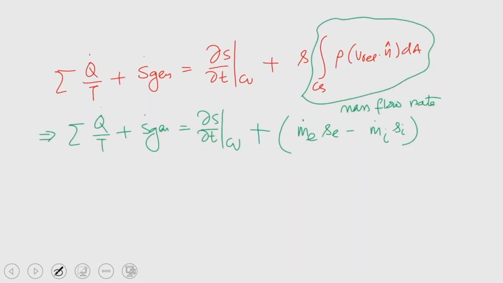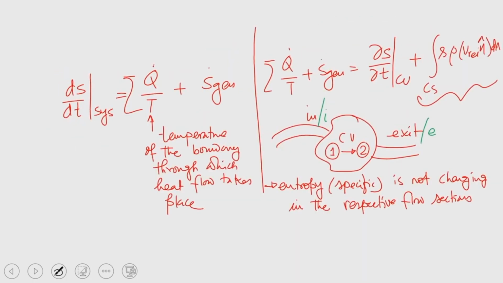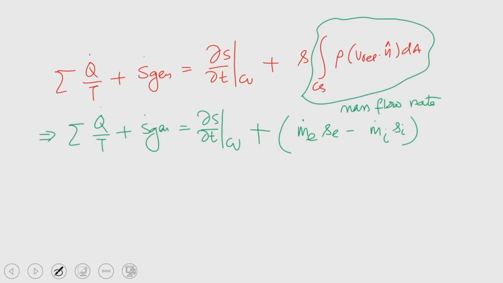So, in this particular control volume we now have single entry single exit, but it is highly possible that within this control volume multiple inlets and multiple exits will be there. In that case we can modify this equation like this.